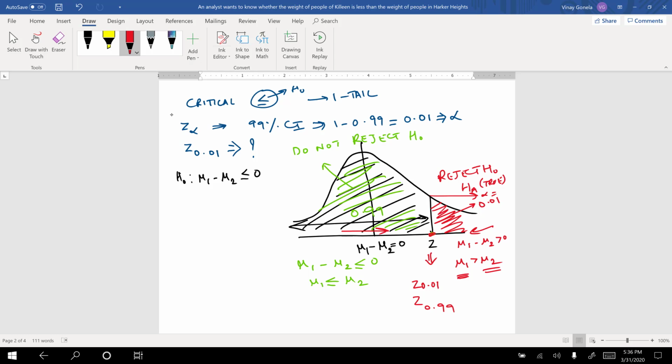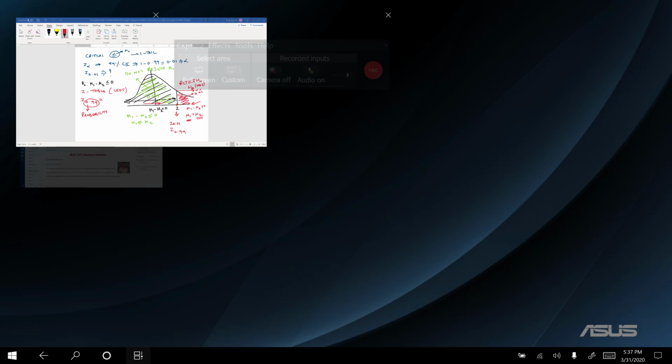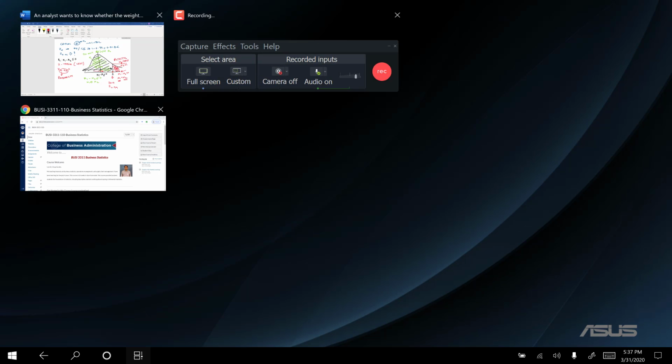Since our z table gives the left side of the curve, I will look for z at probability 0.99. Now I'm going to go to our statistical tables and look for the z value at 0.99.